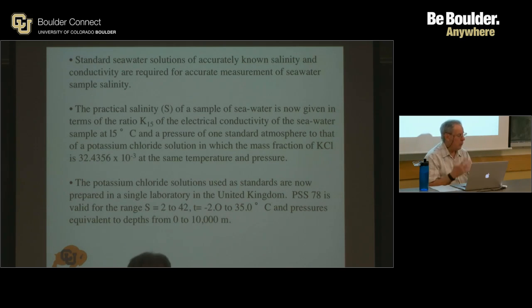Anyway, when you collect these samples, let's say you're still using a sampling bottle, you collect the little sample bottle and you have to process it on shore. You have to have something to calibrate it against, so they ended up making standard solutions.